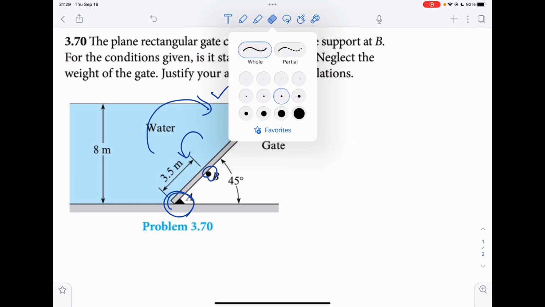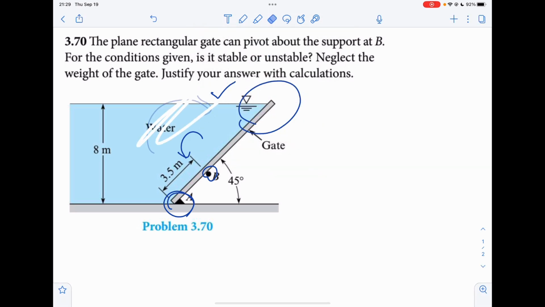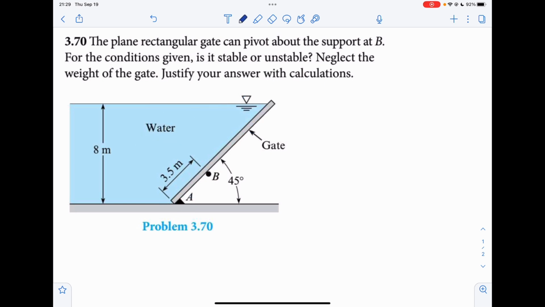So now the problem is simplified to where is the resultant force acting. For example, if the resulting force is acting somewhere here, it's very obvious this gate will rotate clockwise, so it's unstable.